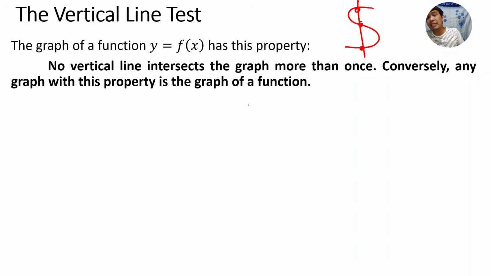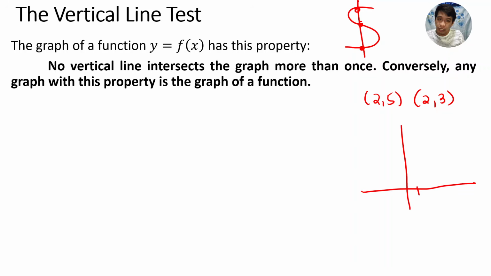So, from the definition itself of a function, ang sabi natin, dapat daw no two first elements ay magkaparehas or no two first elements must be the same. So, kung meron akong 2, 5 at saka 2, 3, so pag na-graph ko yan, 2, 3, ito yun.